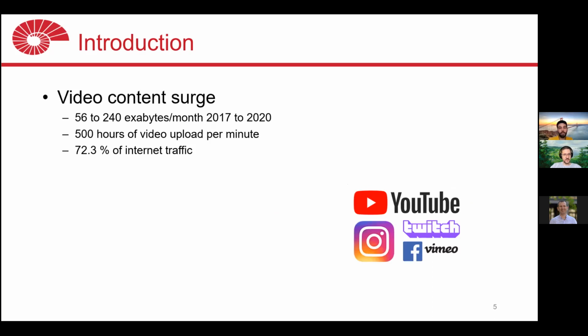And the importance of video summarization comes with video content search, especially from 2017 to 2020, when the usage of video content search quadrupled in that domain.